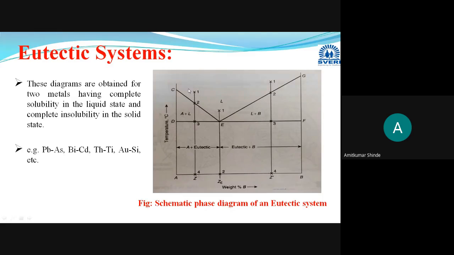I am highlighting here. This is the hypoeutectic alloy. This second one is the eutectic alloy, and this third vertical line shows the hypereutectic alloy.